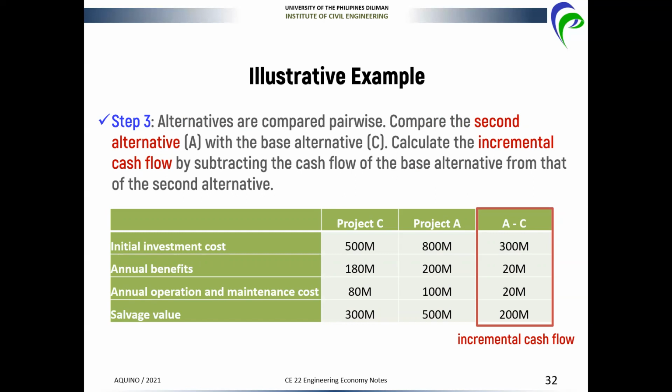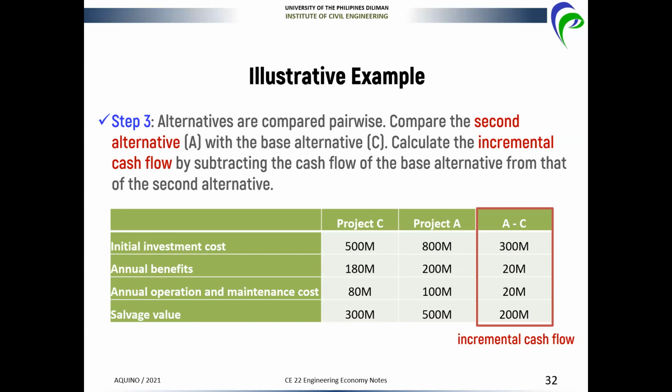So you'll notice here that the annual benefit is the only one on top, the 20 million. The others are at the bottom: the investment cost, 300 million, is a cost. The annual operation and maintenance cost is a cost. Salvage value is savings, since salvage and save are synonyms, right? So that's 200 million, a negative cost in the denominator as well.